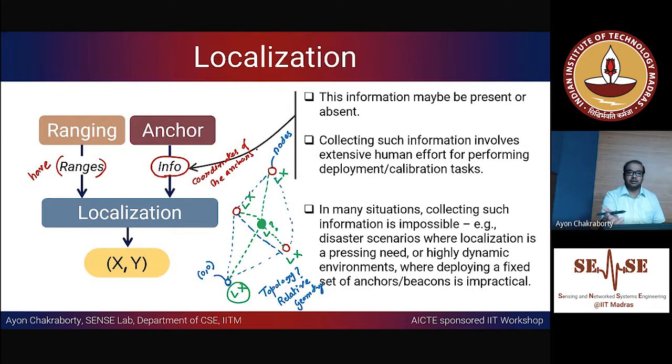They are at unknown locations and they can range with each other. Okay, so they are all nodes, and they could be vertices of the graph, right? So these nodes are the vertices of the graph, and these are the edges, the links where you are calculating or estimating the range. These are the edges.